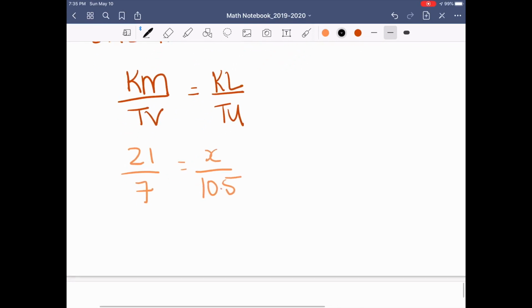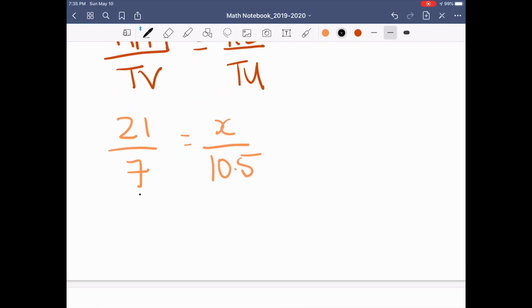So there's two ways you can do this. The first way is you can say, to get from 7 to 10.5, what do I have to do? Well, if you divide 10.5 by 7, you get 1.5. So 7 times 1.5 gives you 10.5. What you do to the bottom, you have to do to the top. 21 times 1.5 is 31.5.